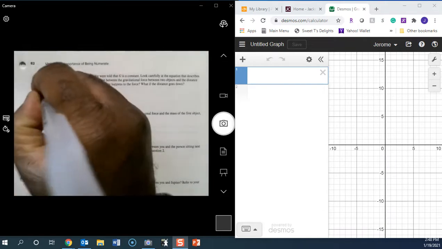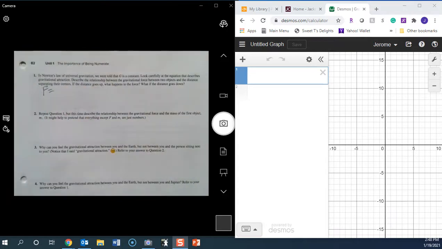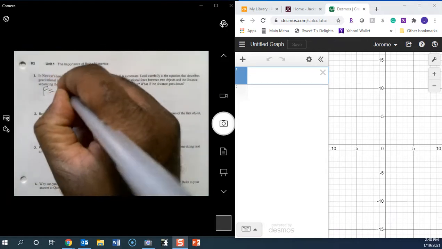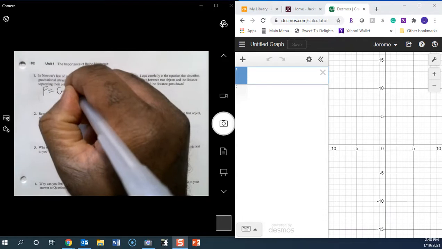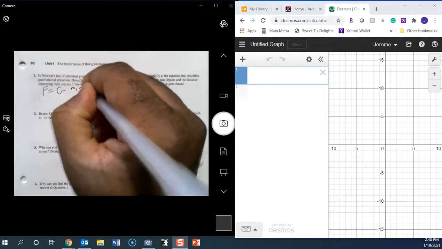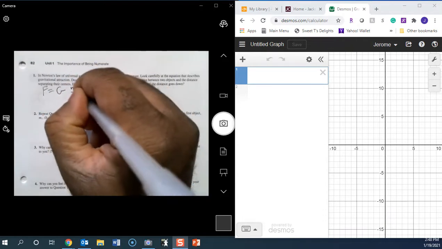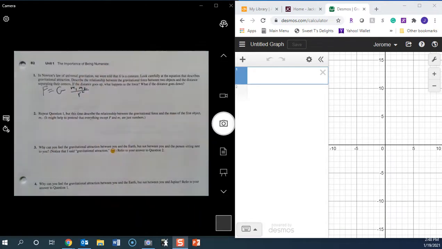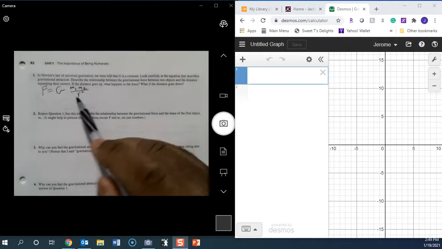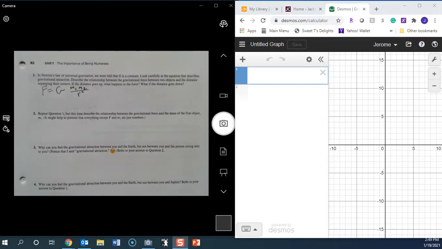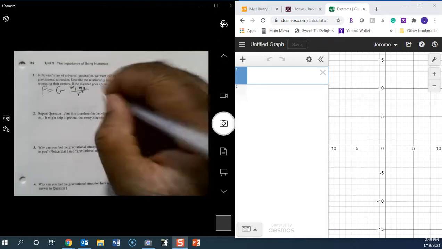Okay, so first of all, the formula is from the previous page at the bottom, which is the force is equal to G times M sub 1 times M sub 2 all over R squared. Now, they ask us about the distance. R represents the distance according to the bottom of page 81, where the formula is located. So, this is basically a fraction.